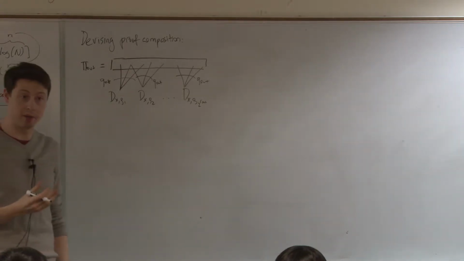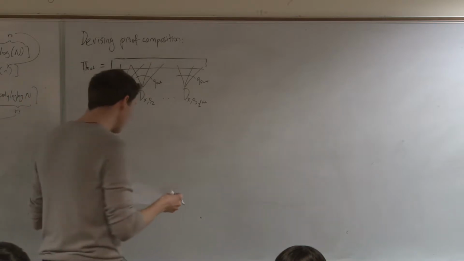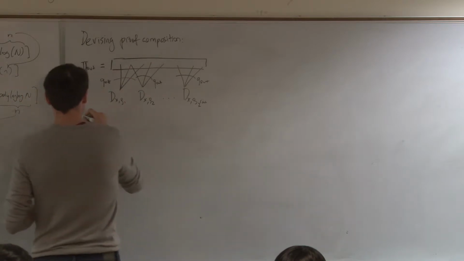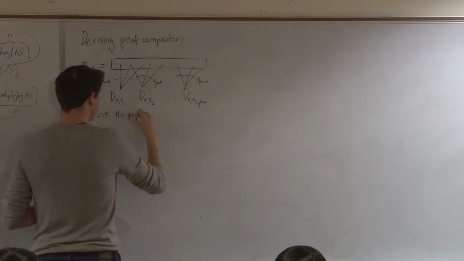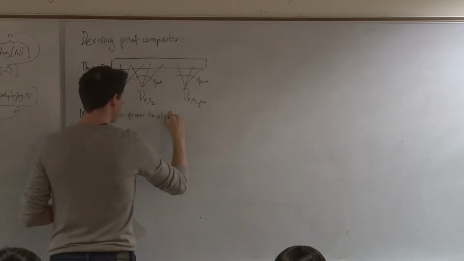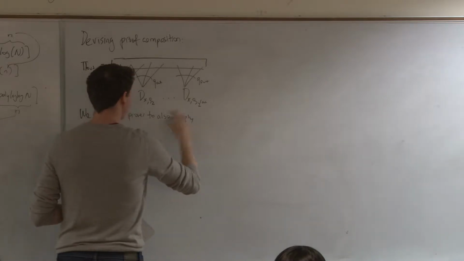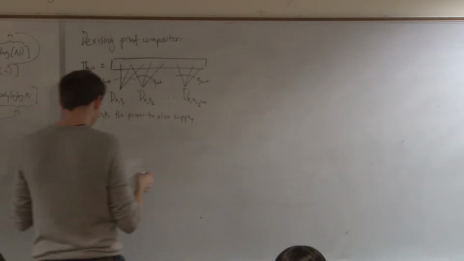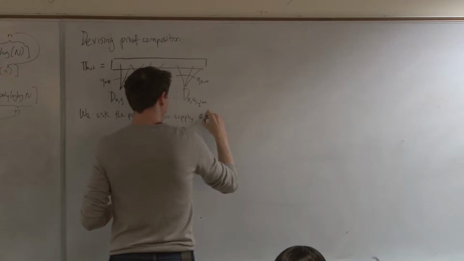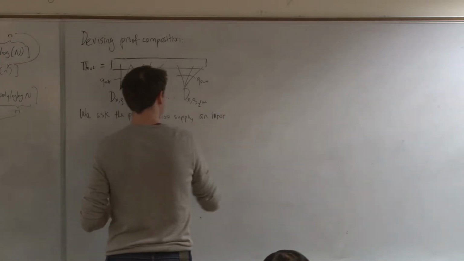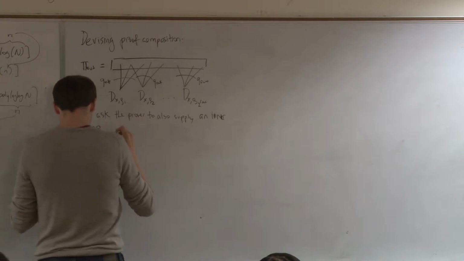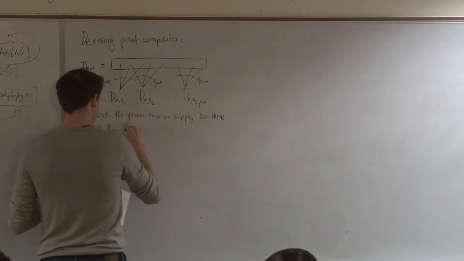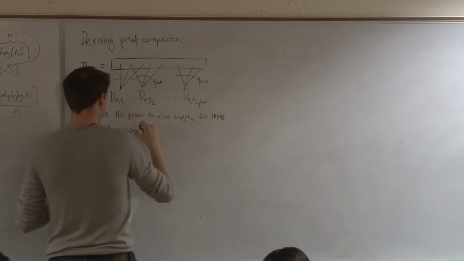We don't want to pay for that. So we ask the prover to also supply other proofs that will help us not do these computations, and we supply an inner PCP for each choice of randomness, because we're going to pick one of these and run it.